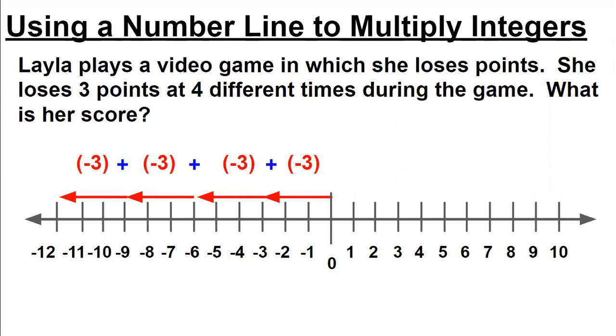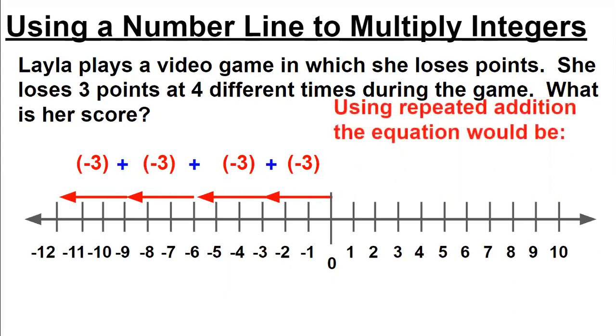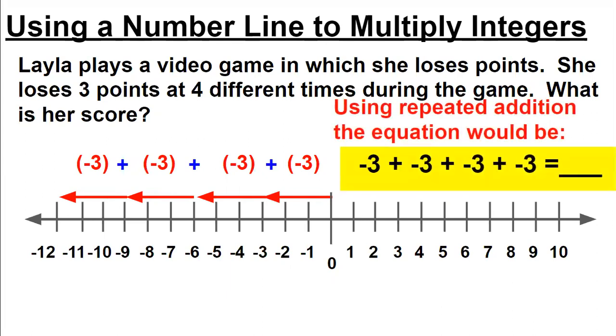So this is repeated addition. -3 plus -3 plus -3 plus -3. That should give you what? Using repeated addition? Yes, negative 12, right? And there it is, negative 12.